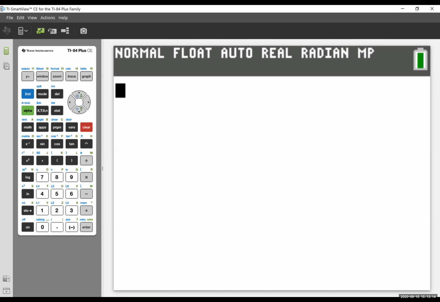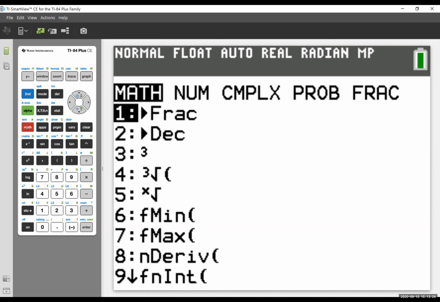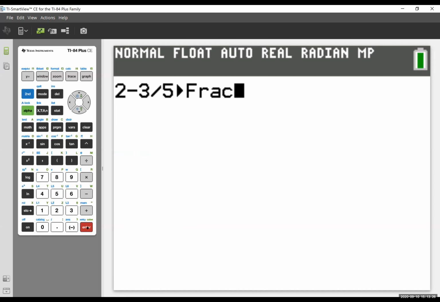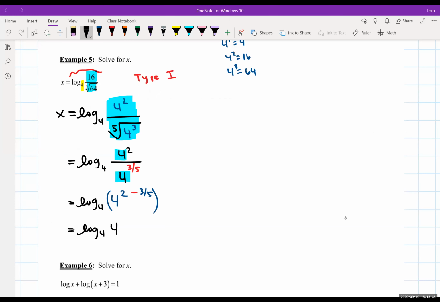I'll double check one more time before I type anything. Yes, 2 minus 3/5. So we can type that in quickly. I'll probably use the math key to turn it into a fraction. And that gives me 7/5. So I'll go back. And 2 minus 3/5 became 7/5.